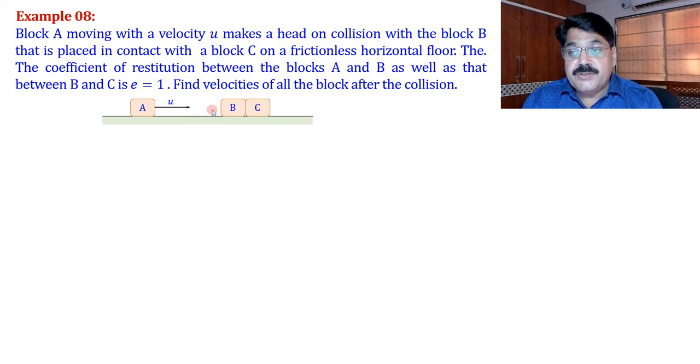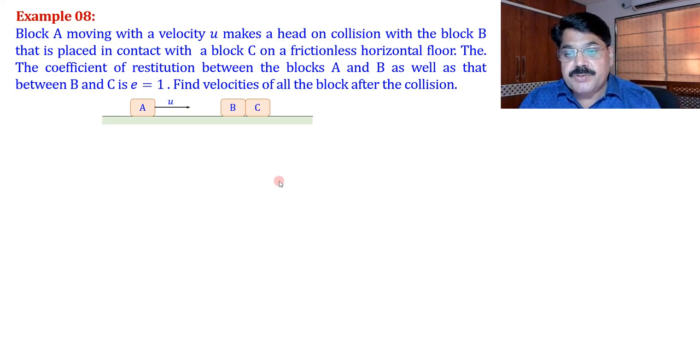So during the interaction between A and B, there is no interaction between B and C. We first consider the collision between A and B and what velocity B would have acquired from it. With that velocity, B will then interact with C, and next we consider the collision between B and C.